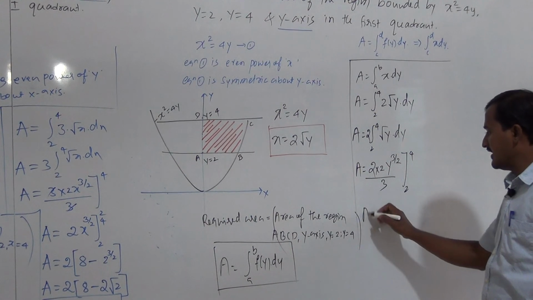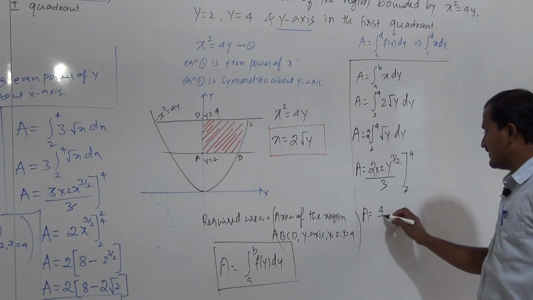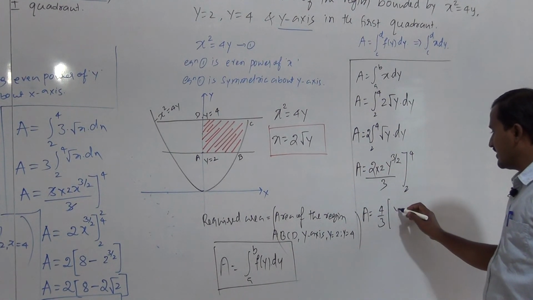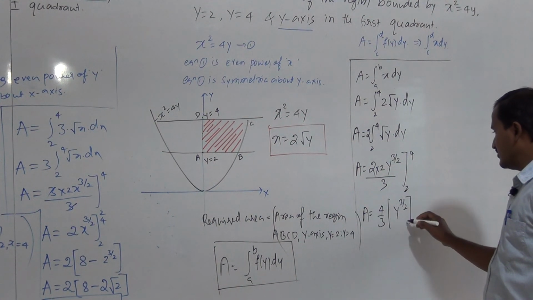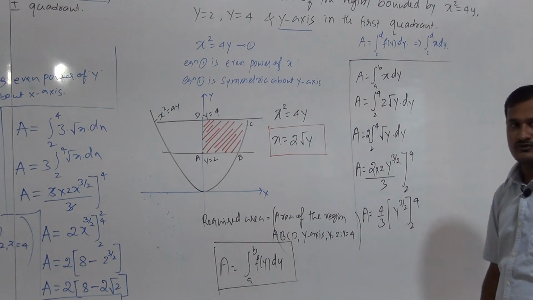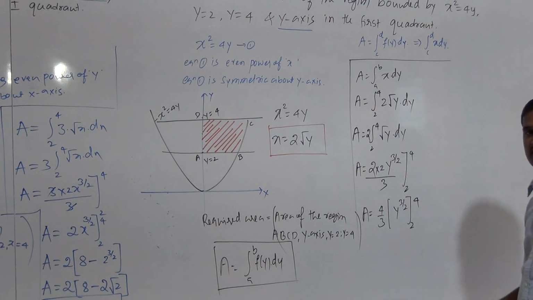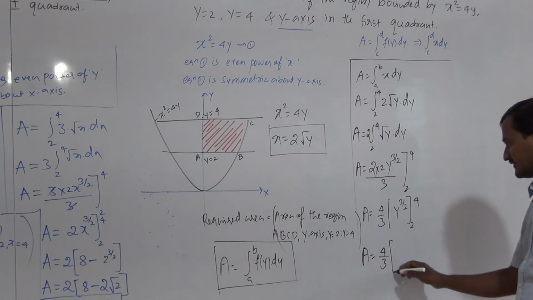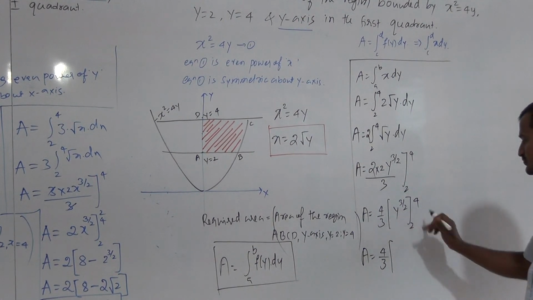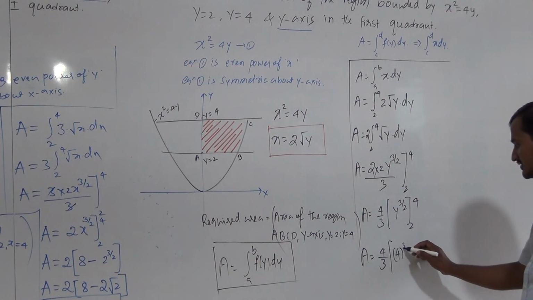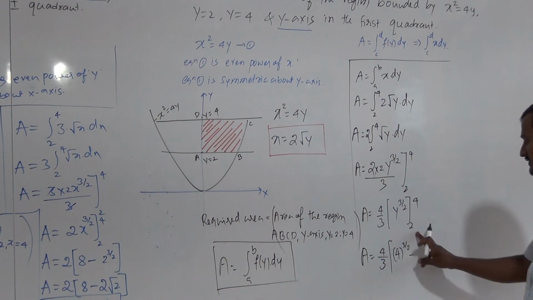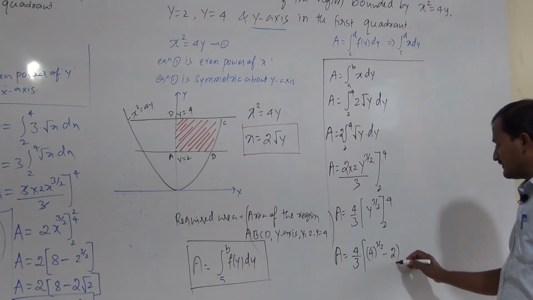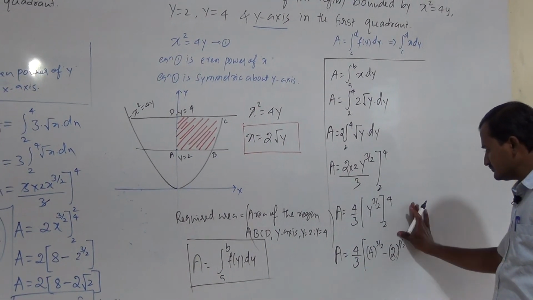So therefore the required area is 4 divided by 3, and here y to the power 3 by 2 over the limit 2 to 4. Now upper limit minus lower limit: the required area is equal to 4 by 3 times, what is the value of y? y is 4, so 4 to the power 3 by 2, minus, the value of y is 2, so 2 to the power 3 by 2.